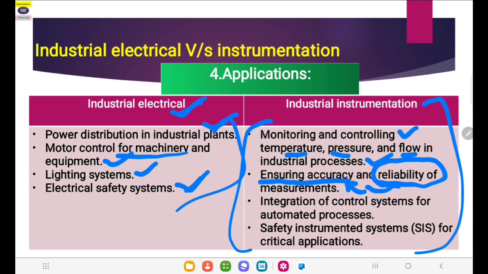And another application is integration of the control system for automated process, means there should be less interruption by the operator. All the process should run automatically. So this job is also done by the industrial instrumentation engineer. And some safety instrumented systems, which we can also call emergency shutdown systems, are also part of the industrial instrumentation. So these are the differences based on applications.